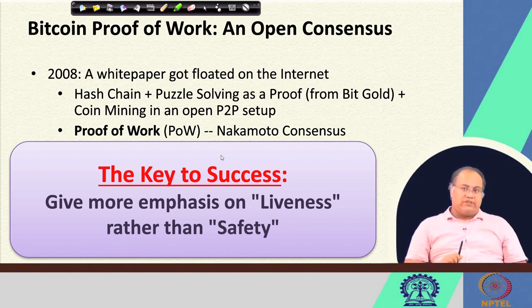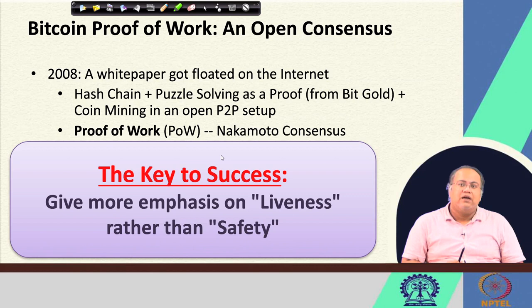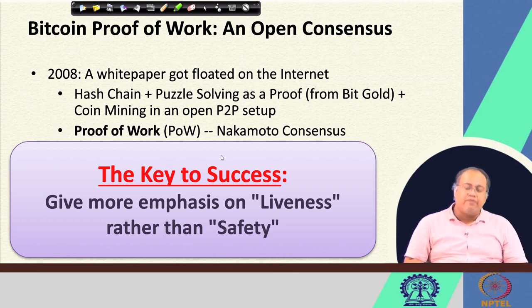So, the question is what pioneering thing this Bitcoin paper or Satoshi has done which helped to design a consensus algorithm in an open network. The key to success here is that this Nakamoto consensus, or proof of work, gave more emphasis to liveness rather than safety.